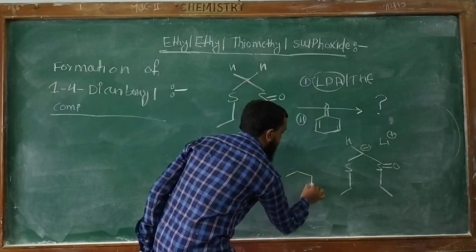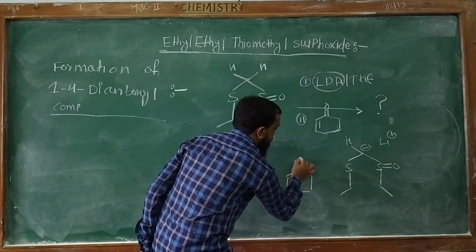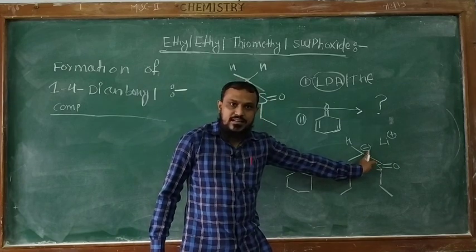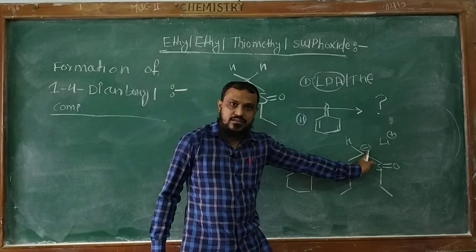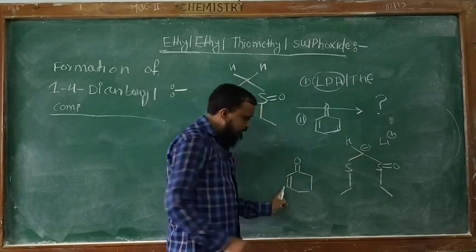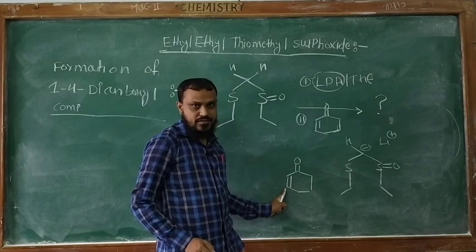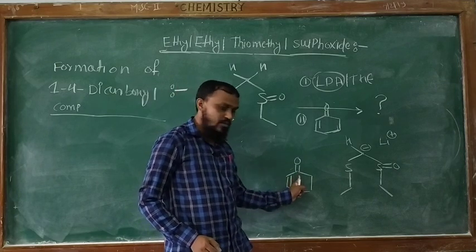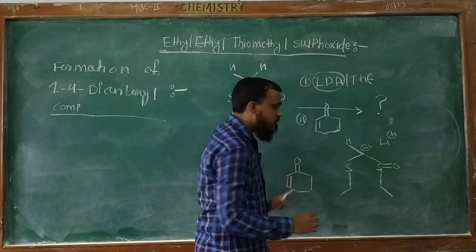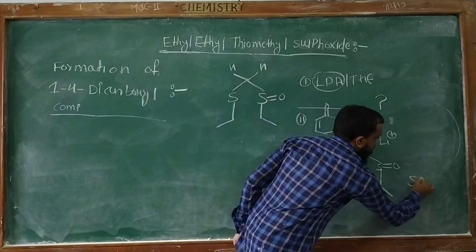Now look here, the negative charge carbon of the ethyl thio-methyl sulphoxide salt attacks the beta carbon atom of the alpha beta unsaturated system instead of the carbonyl compound. Because this lithiated salt here acts as a soft nucleophile.